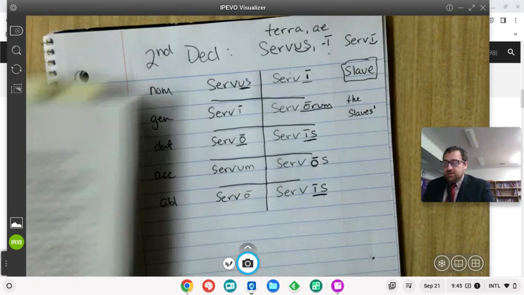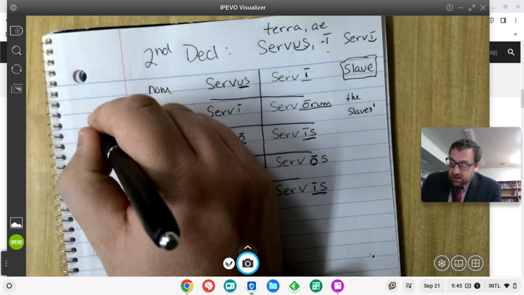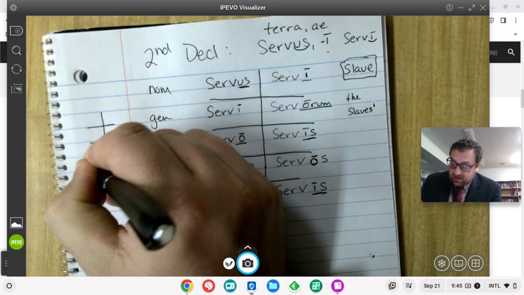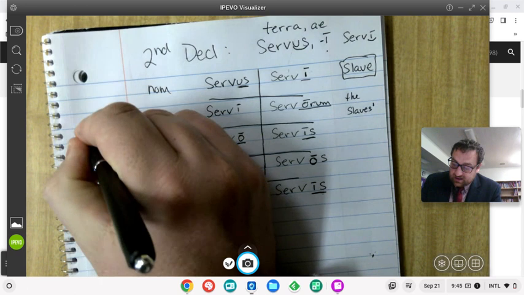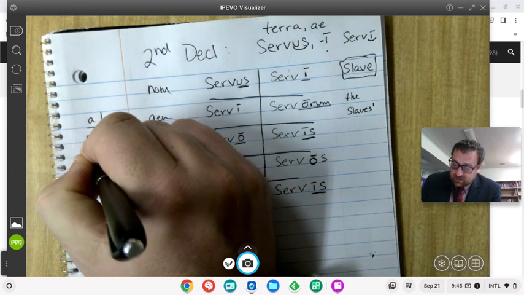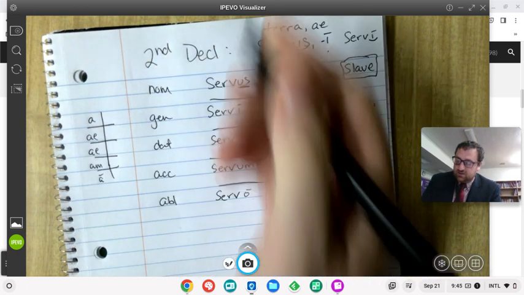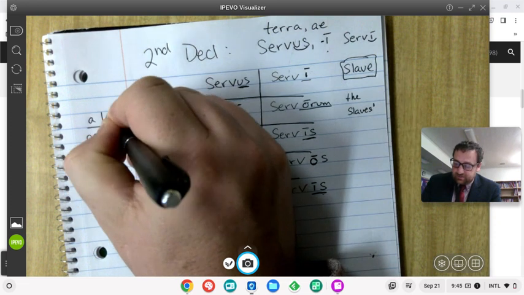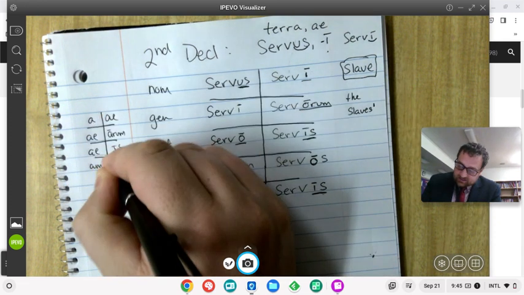Okay, let's take a look at the first declension endings. I'm just going to put the endings themselves. It goes, don't forget your macrons, arum, is, as, is.